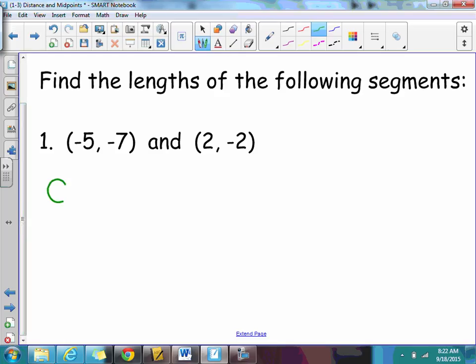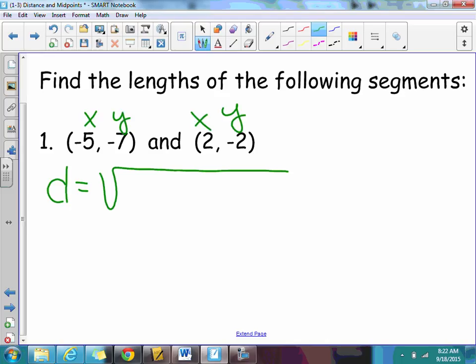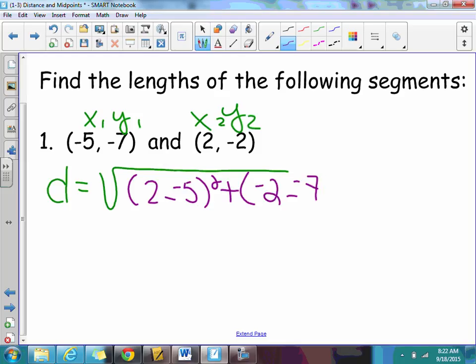So again, plugging into my formula. My distance, x, y, little ones, little twos. So x2 minus x1, y2 minus y1. Again, be careful of your negative signs.